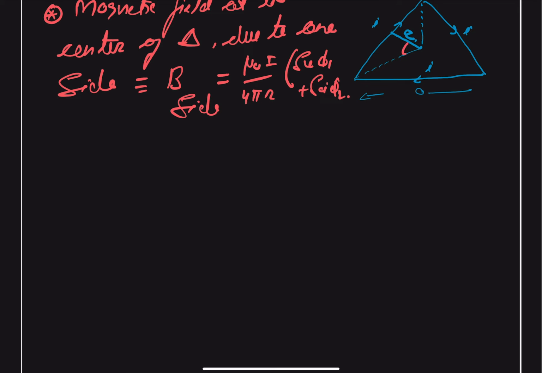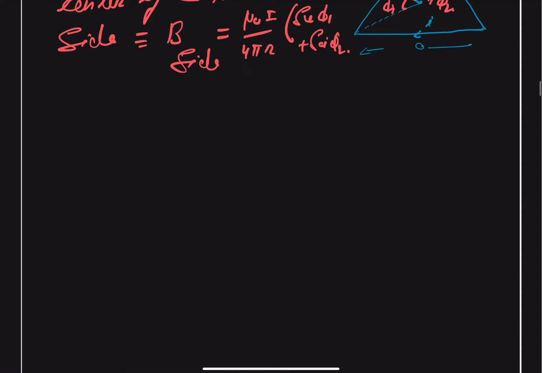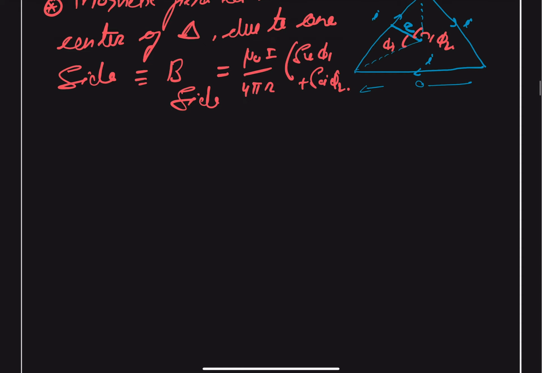So this will be angle of phi 1 and the other end will be angle of phi 2. And this is our equilateral triangle. So phi 1 and phi 2 will be equal to 60 degree. So you can say phi 1 is equal to phi 2 is equal to 60 degree.